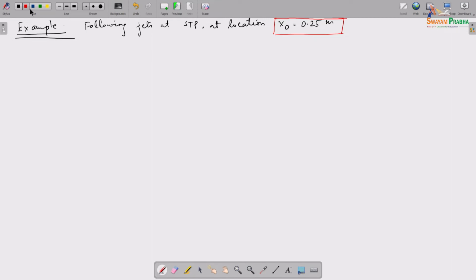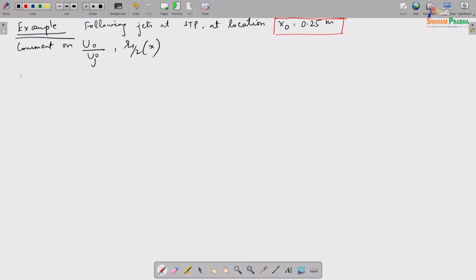Essentially we need to comment on u naught by uj, the central velocity by the jet velocity, and r half, which is the jet half width or the spread basically.